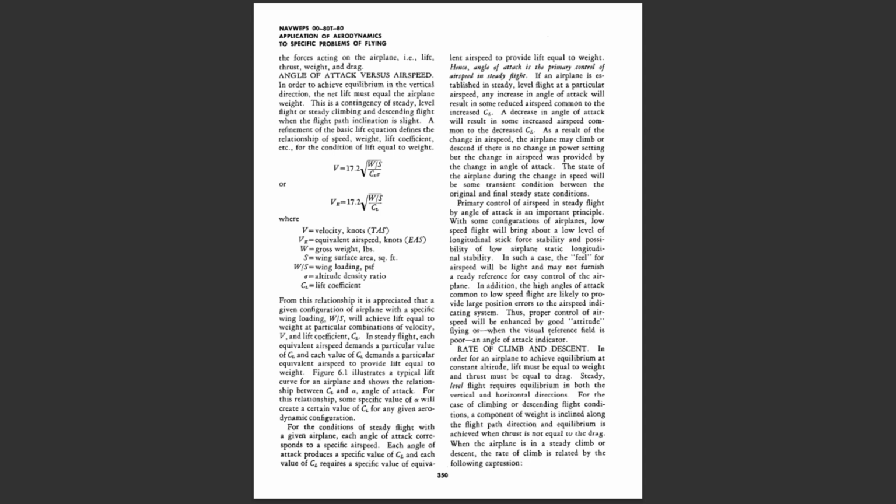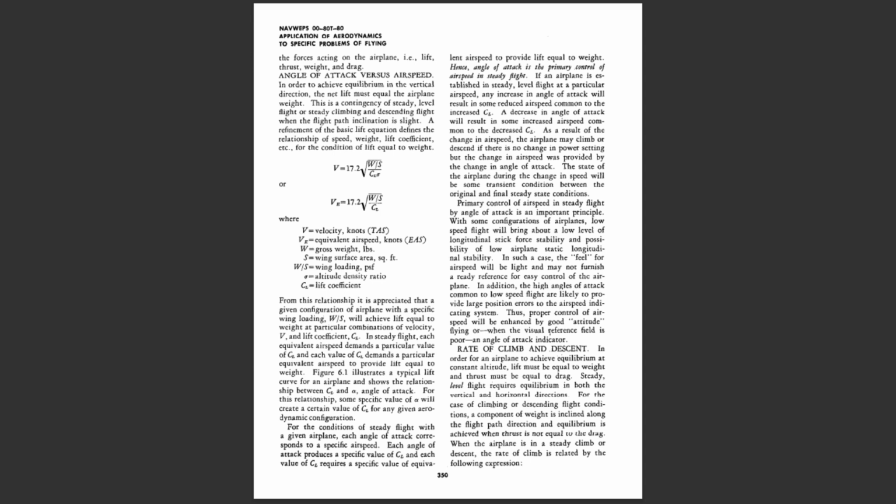Where V equals velocity in knots true airspeed, V sub E equals equivalent airspeed in knots EAS, W equals gross weight in pounds, S equals wing surface area in square feet, W over S equals wing loading in pounds per square foot, sigma equals altitude density ratio, and CL equals lift coefficient.